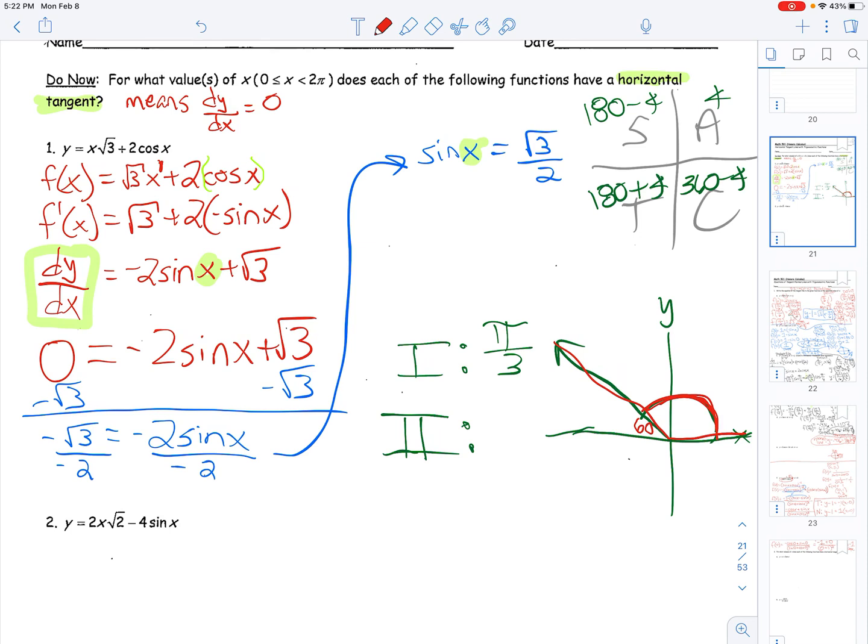All right, so that's my reference angle. But I want an angle in quadrant 2. So this angle here, I want this angle that has a reference angle of 60 degrees.